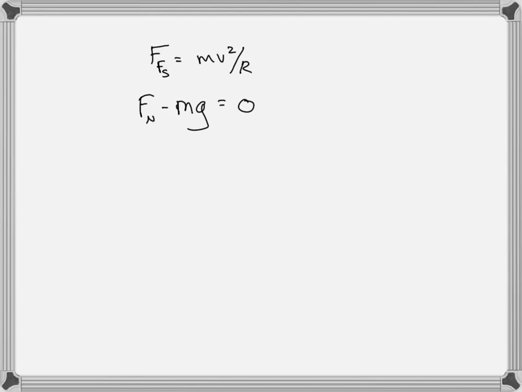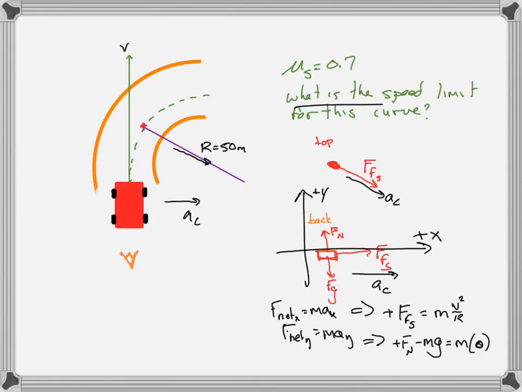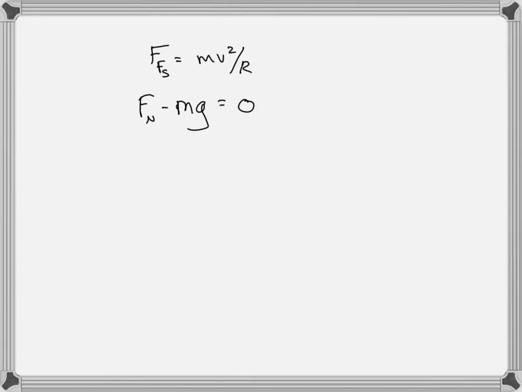rewrite them here, and then ask, what are we asking for? We're asking what is the speed limit. That's the fastest speed before you slip, right? So that means that we are maximizing the static frictional force. The speed limit is going to be when the static frictional force is a maximum, and that's going to be m v max squared over r.